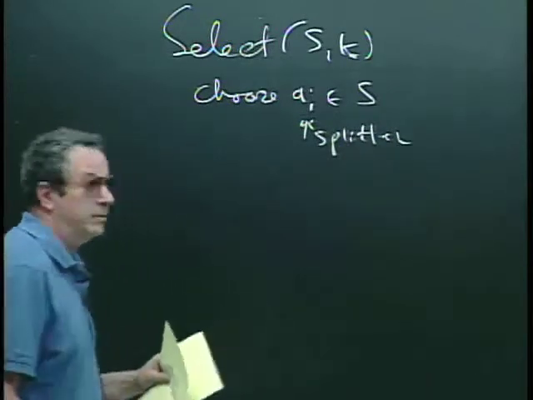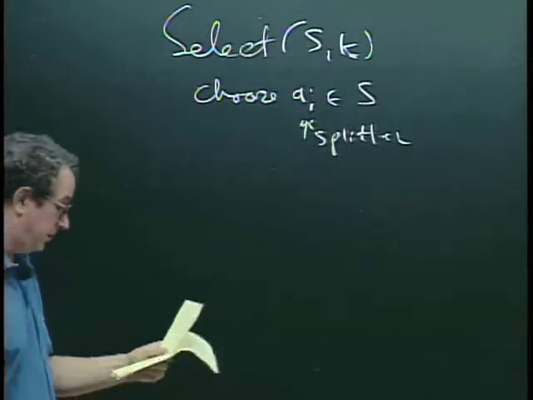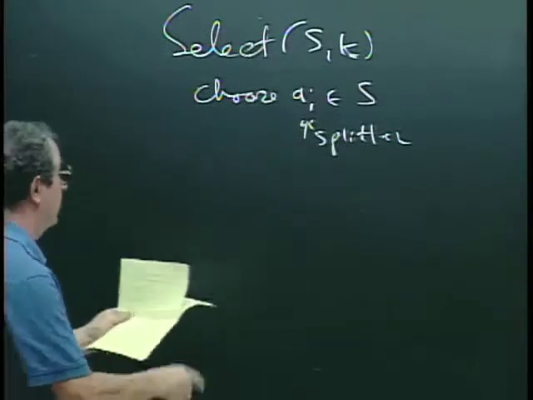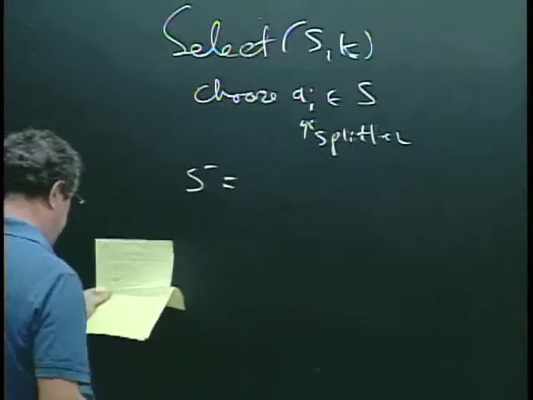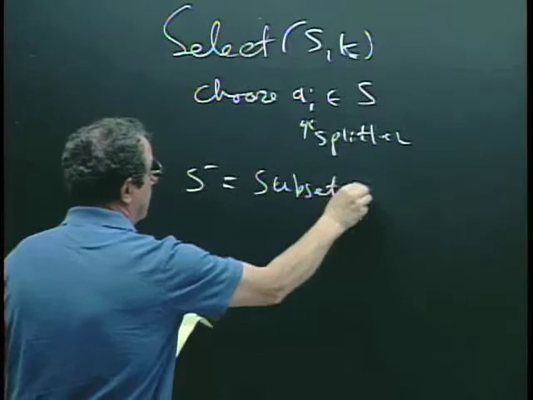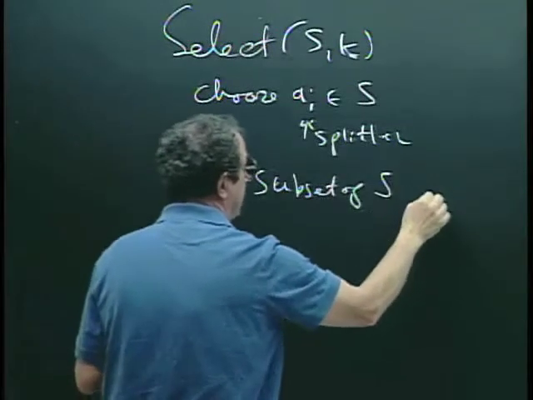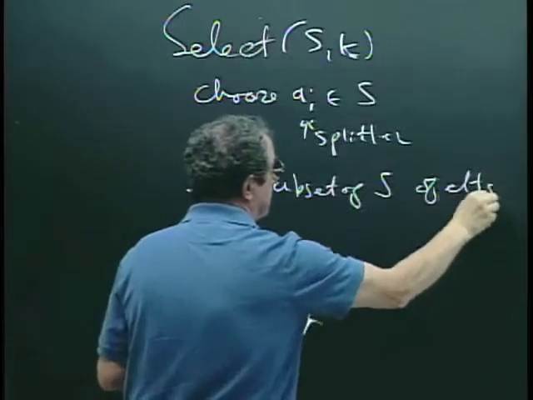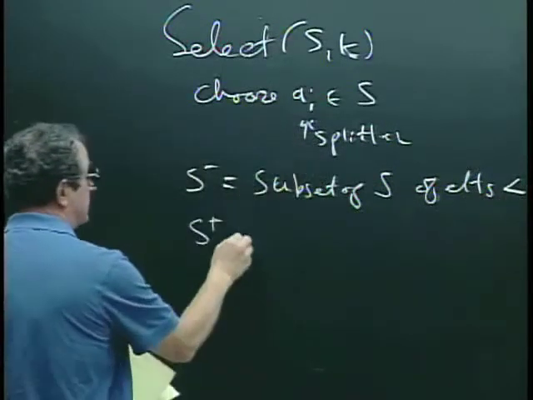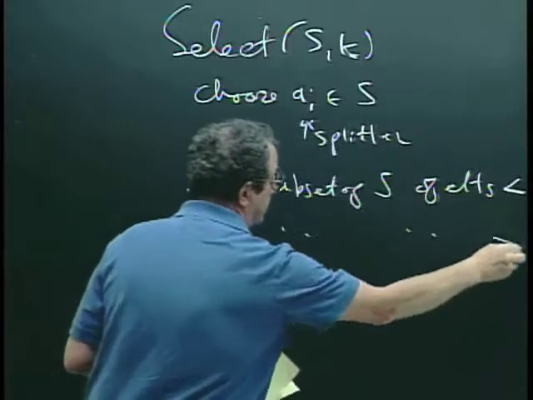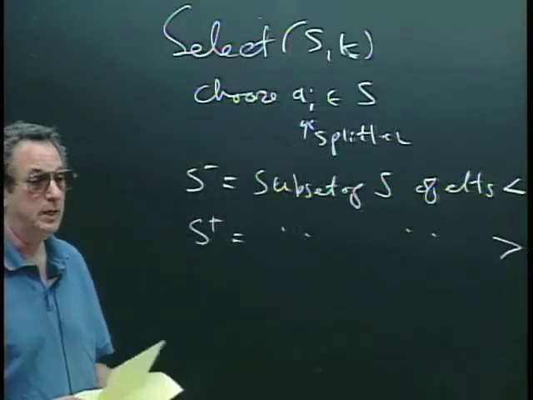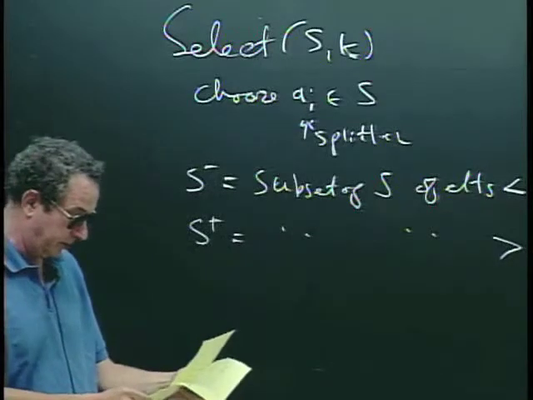And then by explicit comparison of a_i to all the elements in S, we could collect S minus, the subset of S of elements that are less than a_i, and S plus, the subset which are bigger than a_i. And remember, we made the assumption that all the elements in S are distinct, so there are no ties.